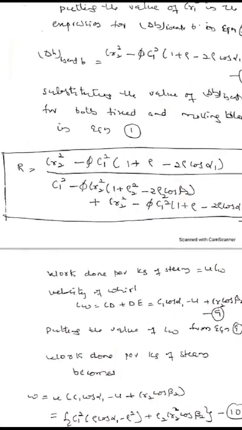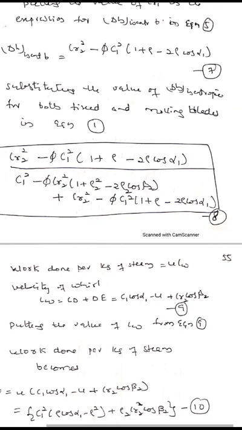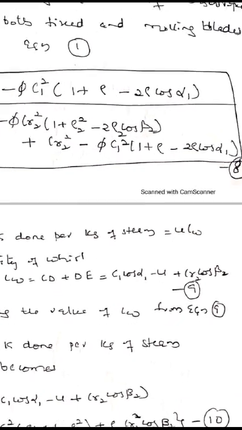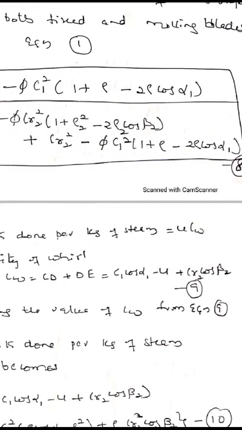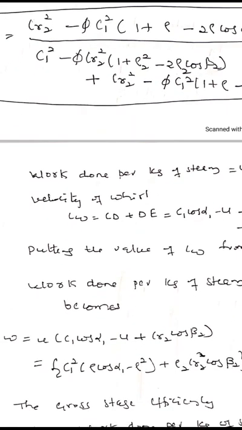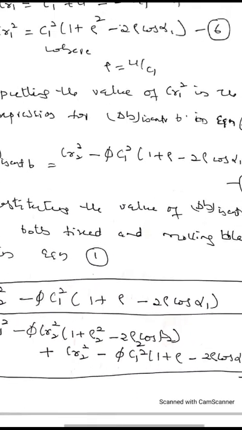Then we are also interested to find out the work done. Work done per kg of steam is U times CW. CW is CD plus DE, which is C1 cos alpha 1 minus U plus CR2 cos beta 2. Then I will go to the figure.